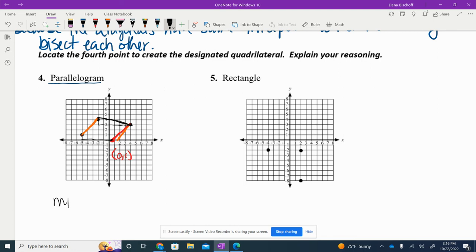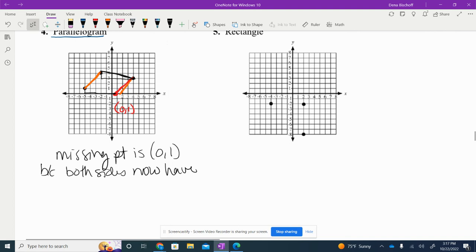So the missing point is 0, 1 because both sides now have the same slopes.